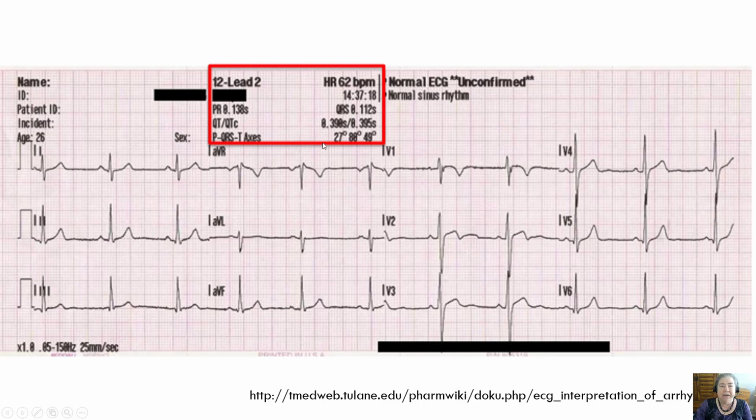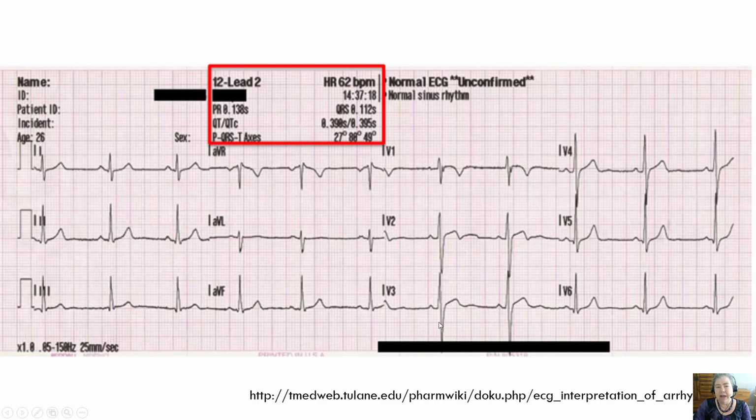So this is a 12 lead EKG. In the frontal plane, we have lead 1, lead 2, lead 3, and we have AVR, AVL, and AVF. In addition, there are 6 chest leads that are in a different orientation. They're not in the frontal plane.